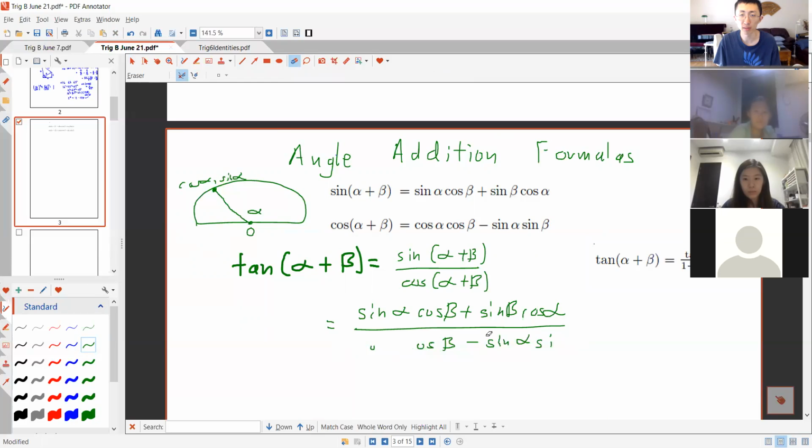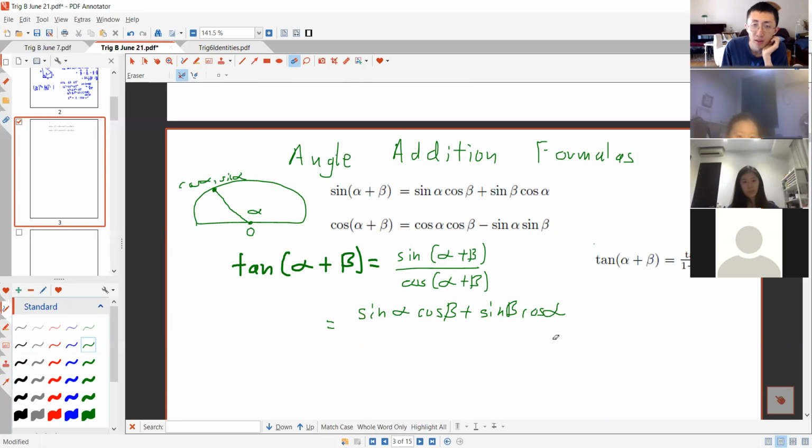Yeah, let me give myself some room. So it turns out we'll have to divide the numerator and denominator by something.